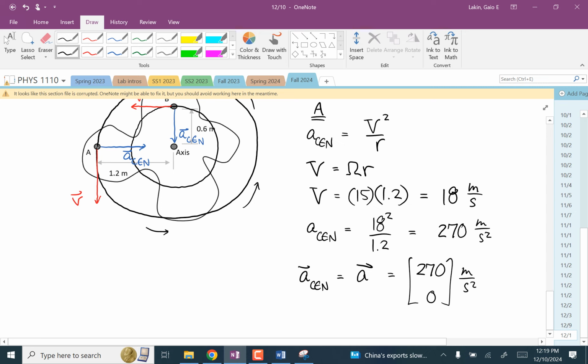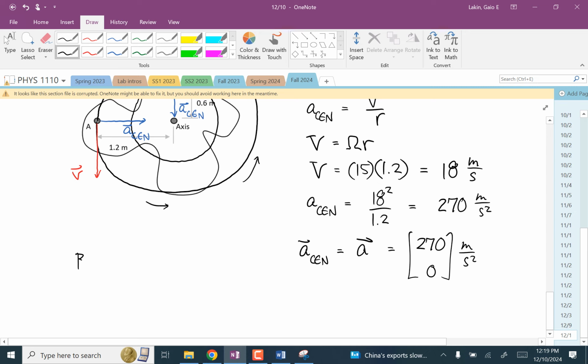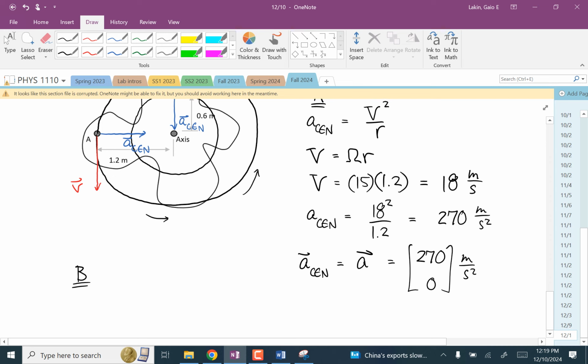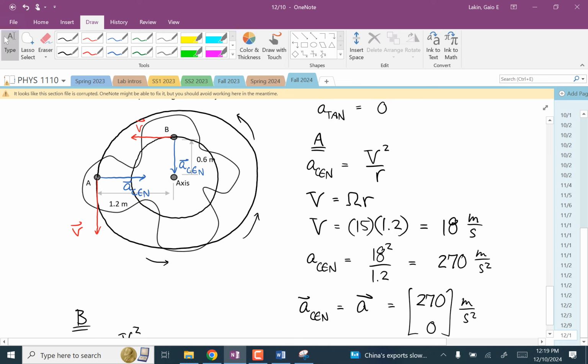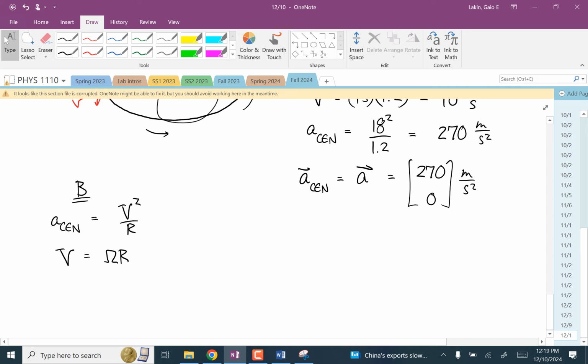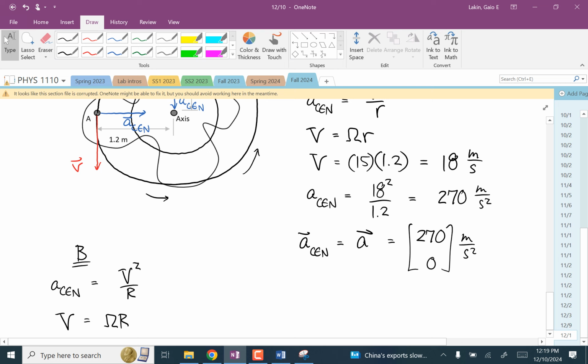Now we're going to do the same thing for the point B. The centripetal acceleration magnitude is v squared over r. We have to calculate the speed of that point. So v is equal to omega times r. I'm going back and forth between little and big r's, but I mean the same thing for both of them.